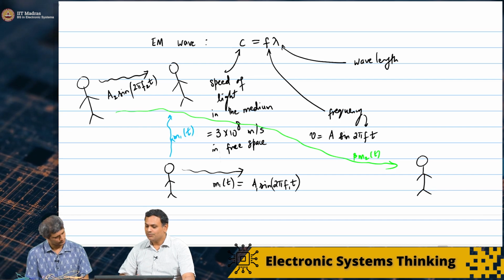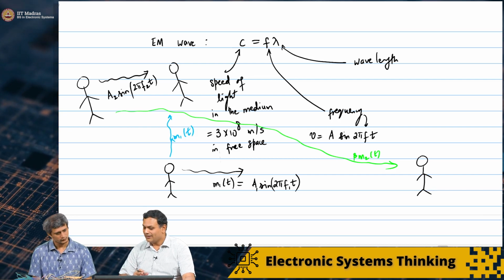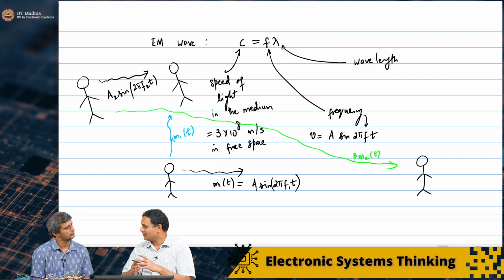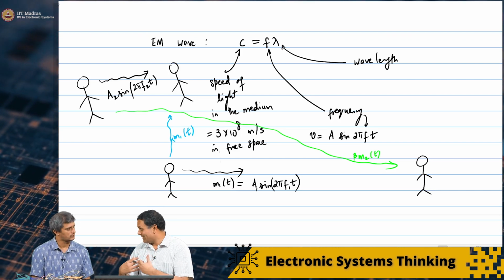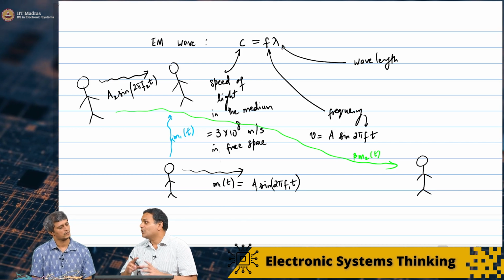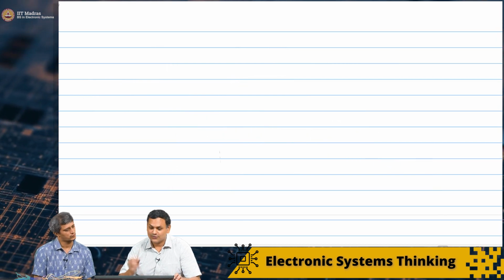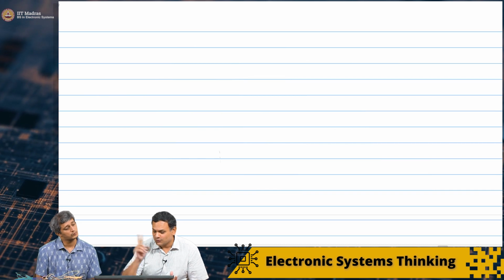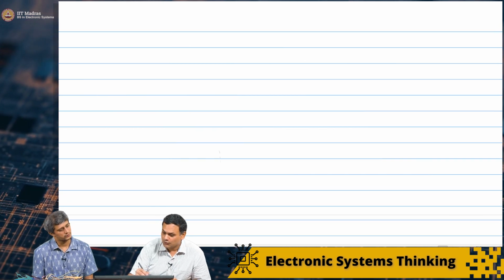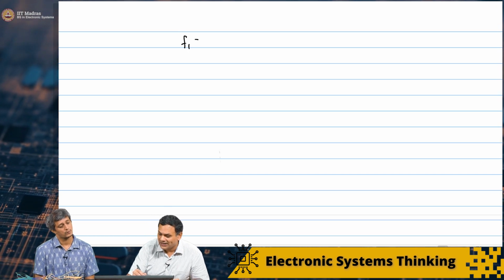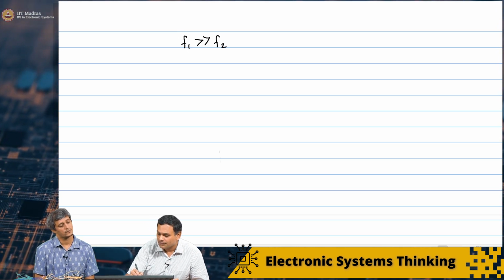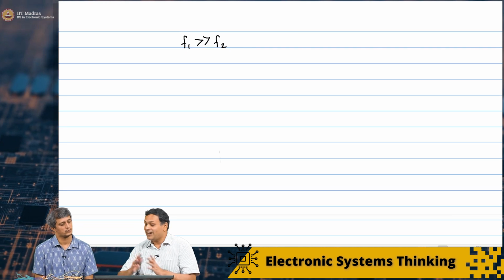Absolutely. The only easy way for them to be able to not understand the message is to do a combination of two things. This uses two concepts that we have already learned. One possibility is to change, let's say I choose F1 to be very different from F2.